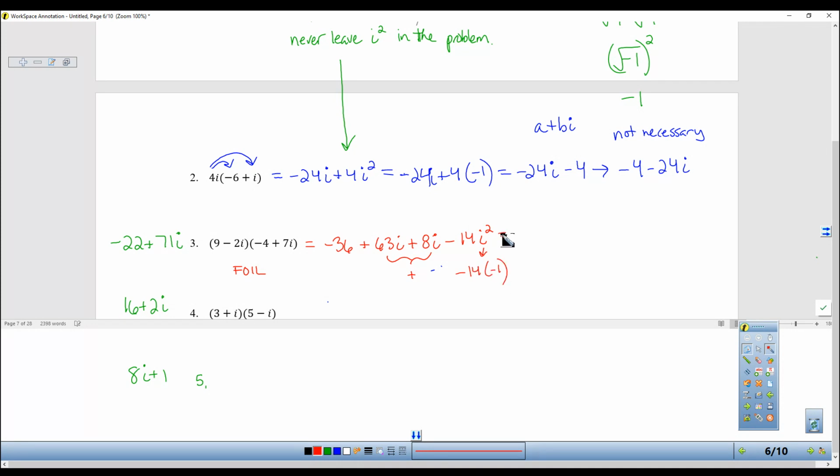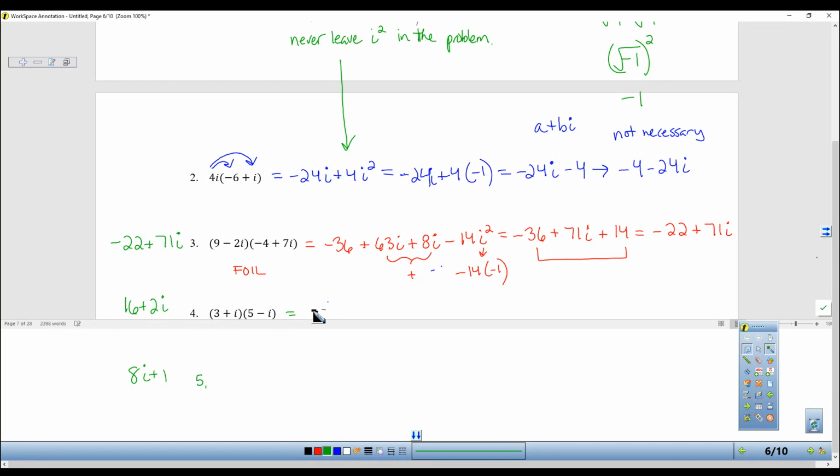So there's two things to do now in FOIL. -36 plus 71i plus 14. And now you can combine these two for a final answer of -22 plus 71i.